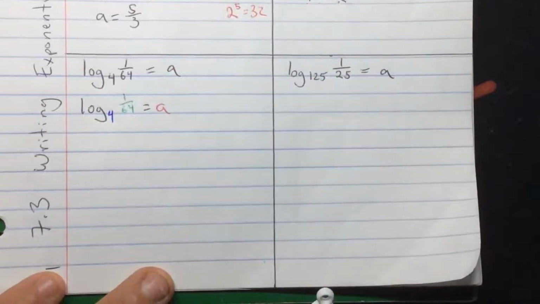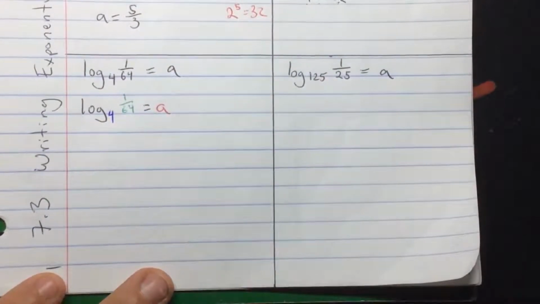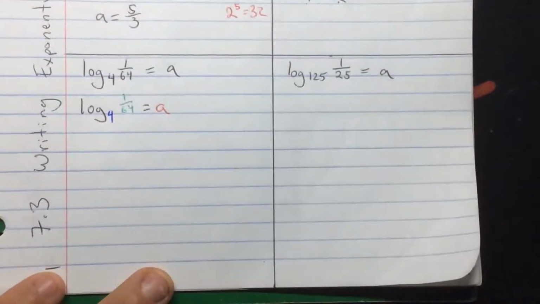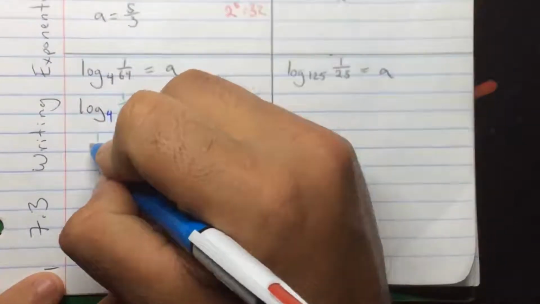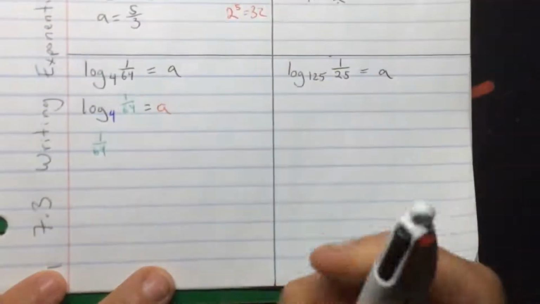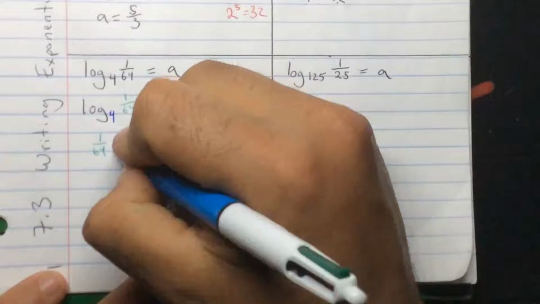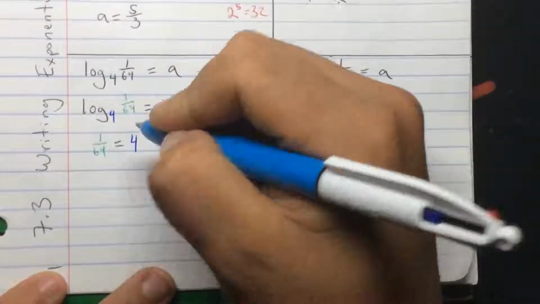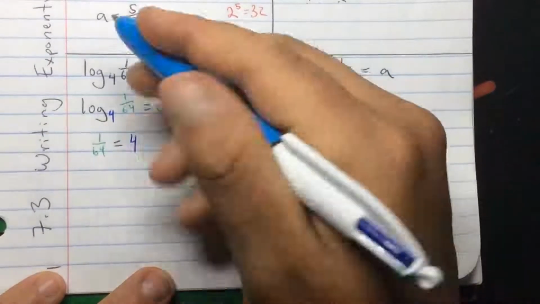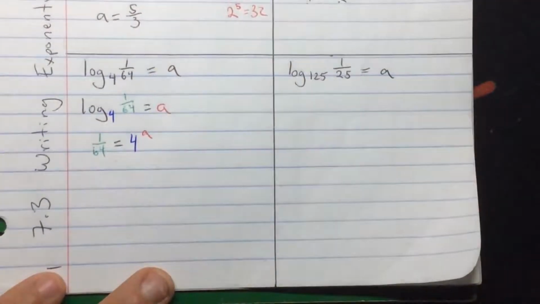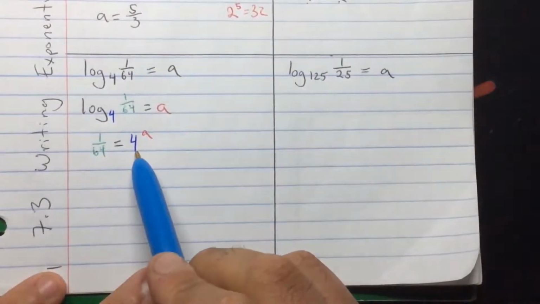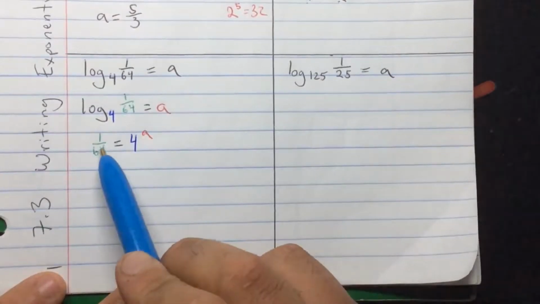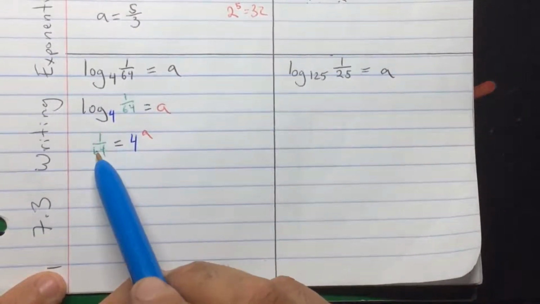All right, so now let's rewrite it. We have our x here, which is our 1 over 64, is going to be equal to our base, which is 4, to the power of a. Once again, we've already done this, but this one's a little tricky because now we're getting a fraction.